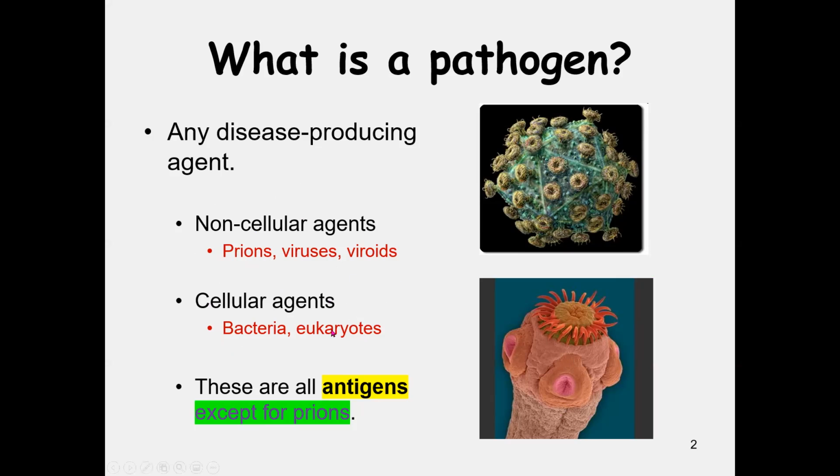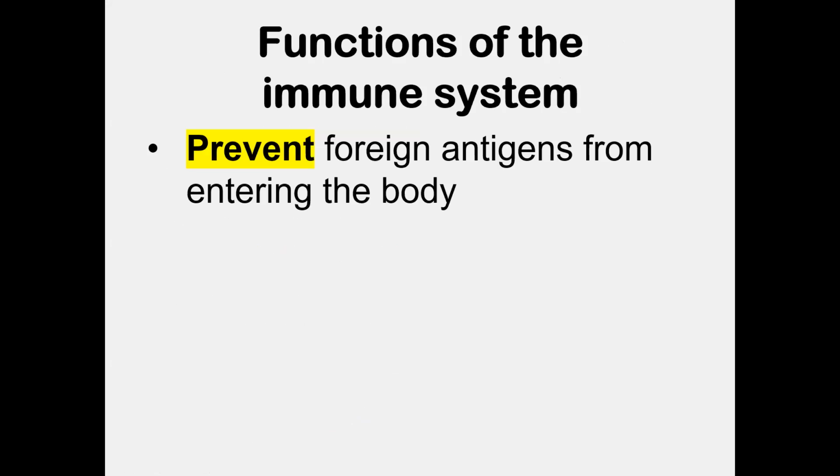Now, all of these are what we call antigens. They set up an immune response, except for the prions, and you'll see why very shortly. So we have this amazing system in us called the immune system. Generally, the idea is to prevent the foreign antigen from coming into the body.